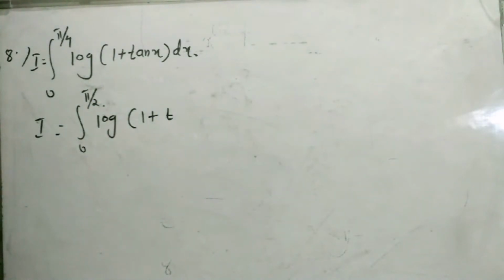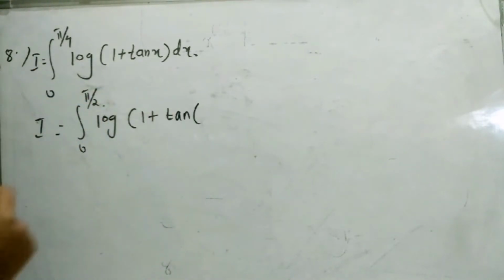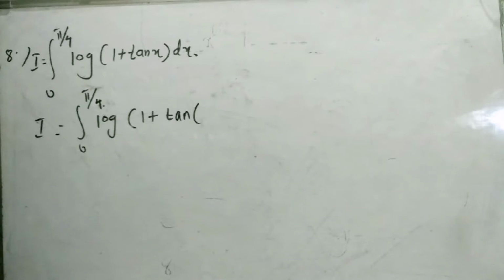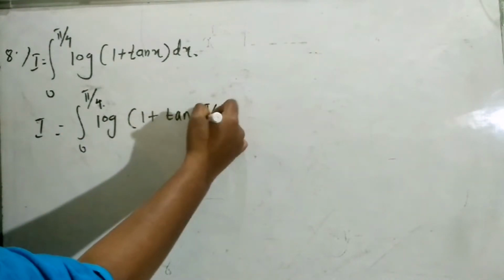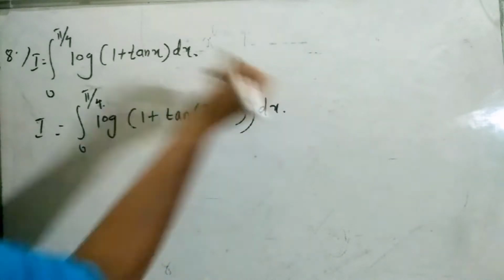We are going to use that same result, integral 0 to a f of x dx is equal to integral 0 to a f of a minus x dx. So instead of a, here we have pi by 4. So I am going to replace x by pi by 4 minus x, into dx.